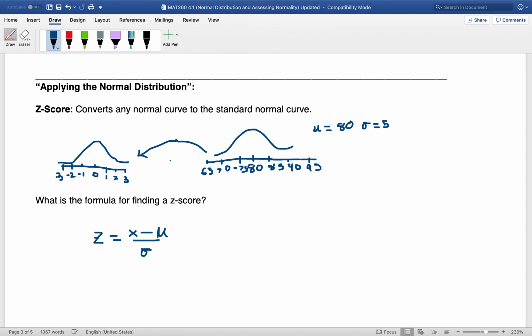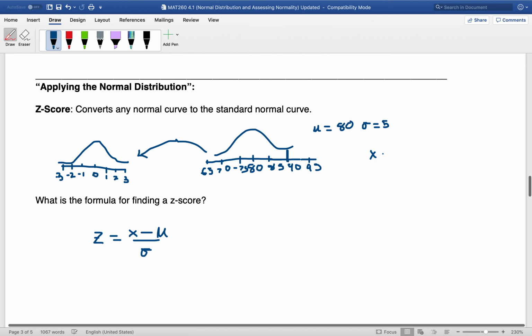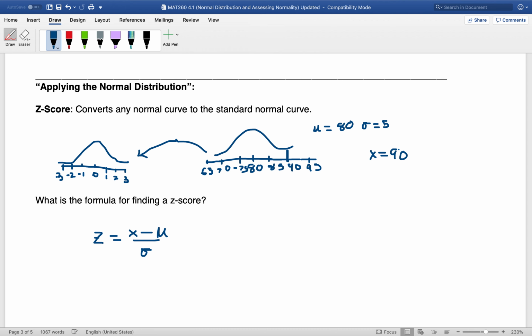So what we're going to do is we're going to take our value, say we wanted to figure out what percent of people got a higher than a 90. So we're going to say x is 90. So we're going to take that x value, that 90, and we're going to subtract the mean.